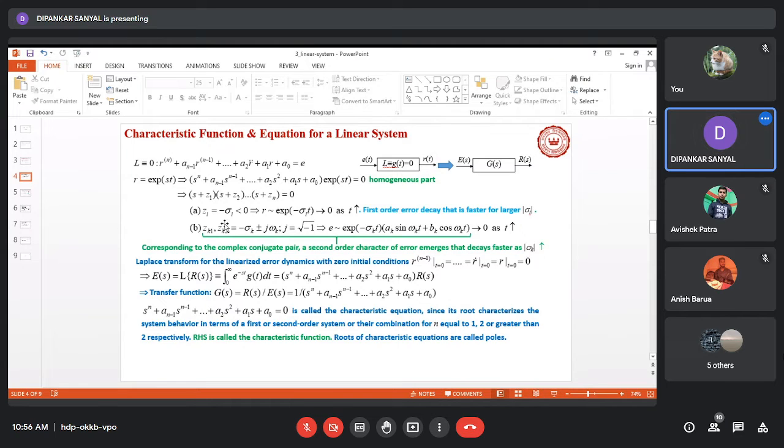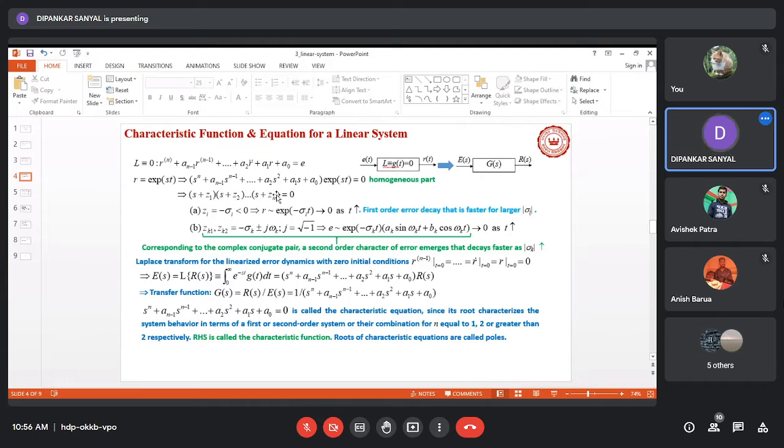But that non-zero input will have a transient effect, and after the subsidence of the transient term, the entire process will be dictated by the homogeneous part. So we focus on only the homogeneous part.